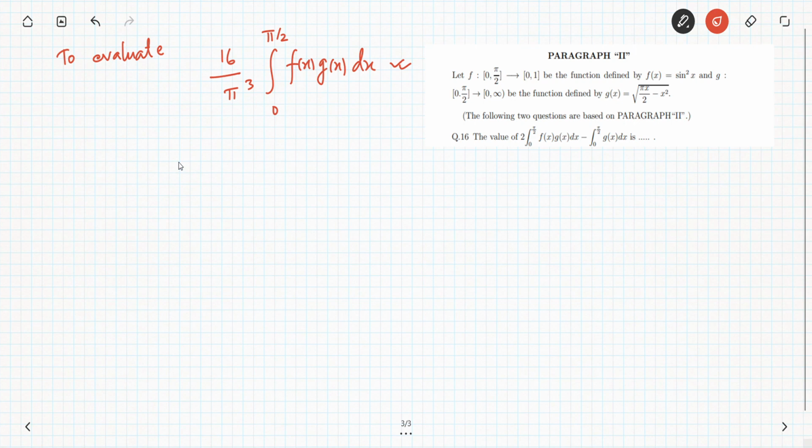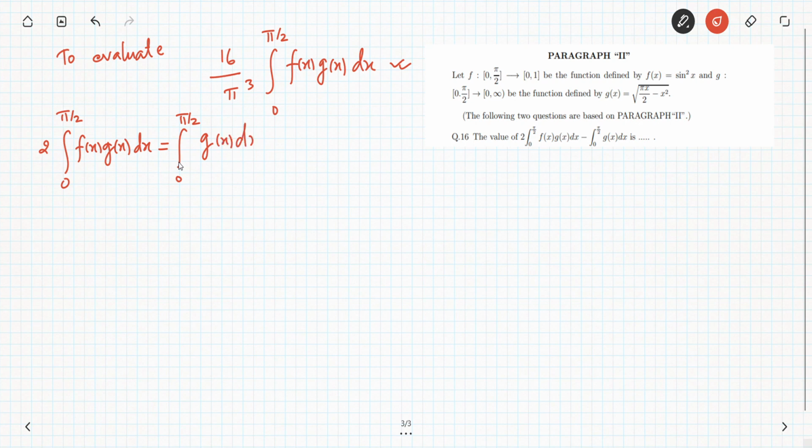So I can write that twice of 0 to pi by 2 f of x g of x dx is equal to 0 to pi by 2 g of x dx.